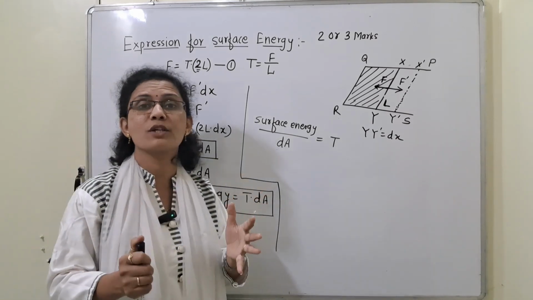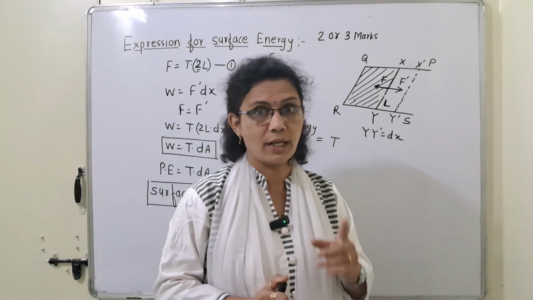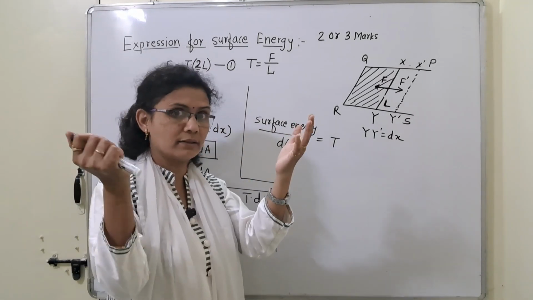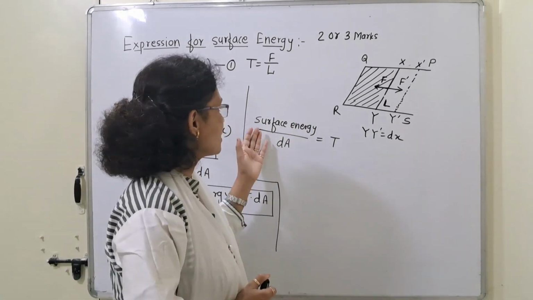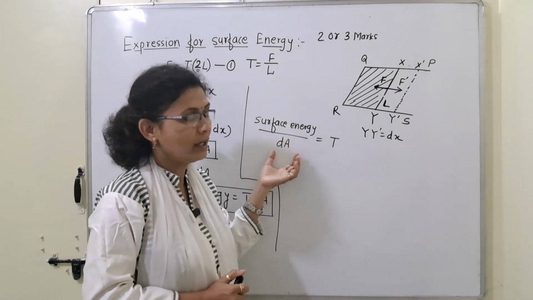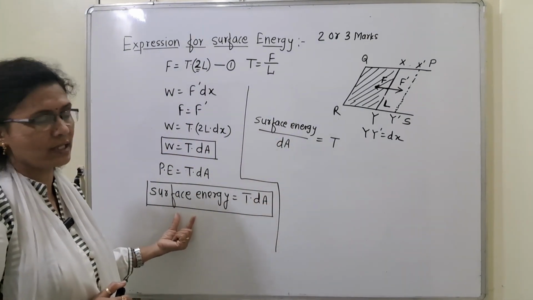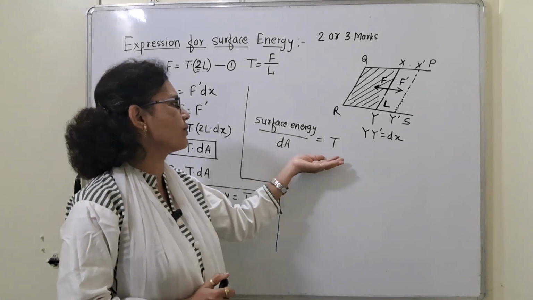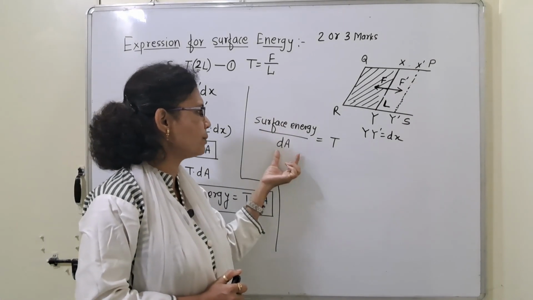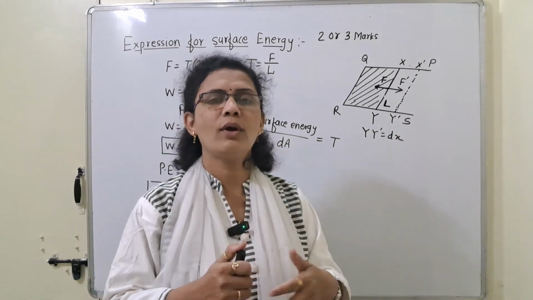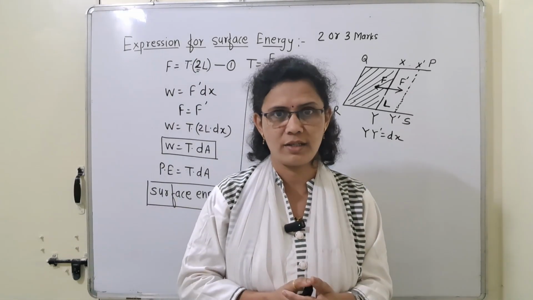That is, derive the expression for surface energy. But when they ask, show that the surface tension is nothing but the surface energy per unit area, that time you have to divide this dA to this surface energy. So you will get surface tension is equal to surface energy per unit area. Okay, and again you have to give the definition of surface energy also.